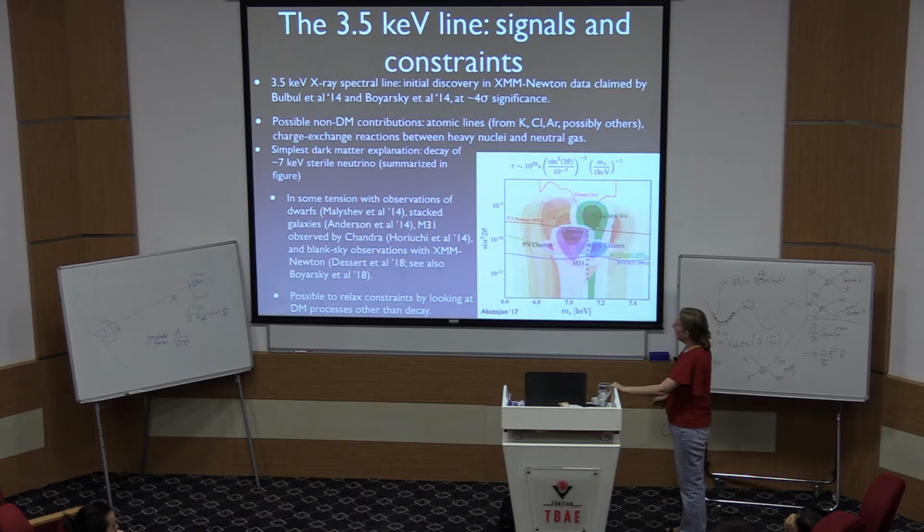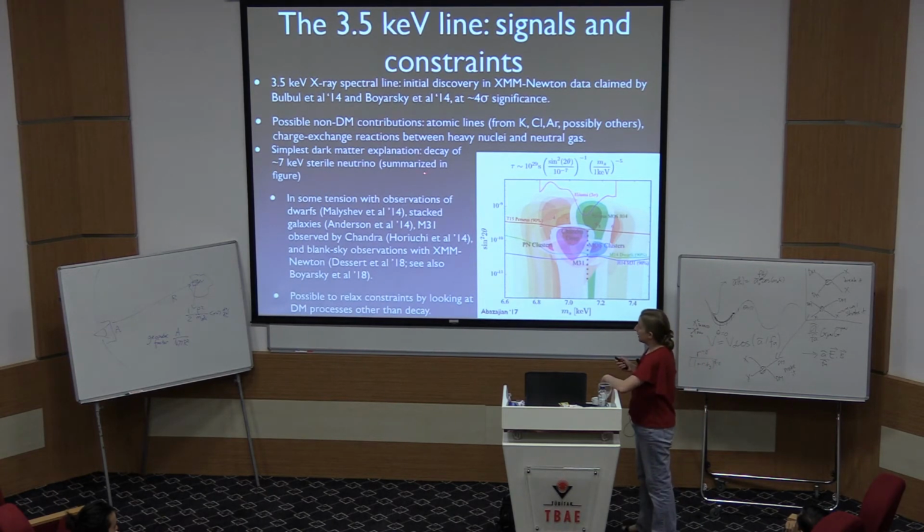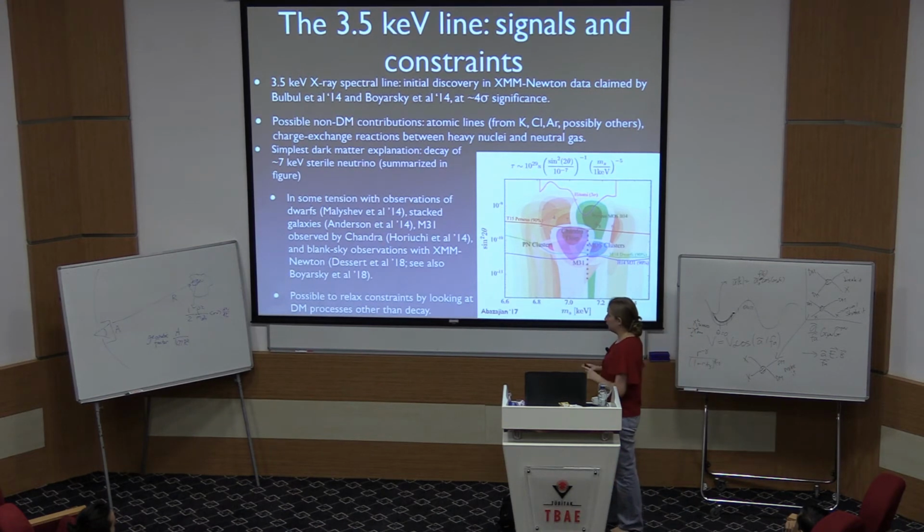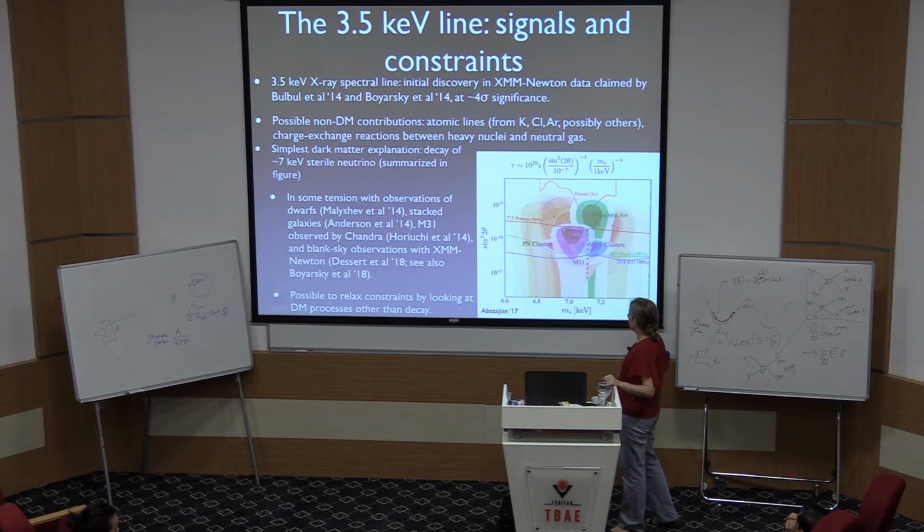There are arguments that these atomic lines are probably somewhat subdominant, but there are uncertainties there. The simplest dark matter explanation is that we're looking at some kind of sterile neutrino at a mass of around 7 keV, in which case it would be decaying to a 3.5 keV photon and a 3.5 keV neutrino.